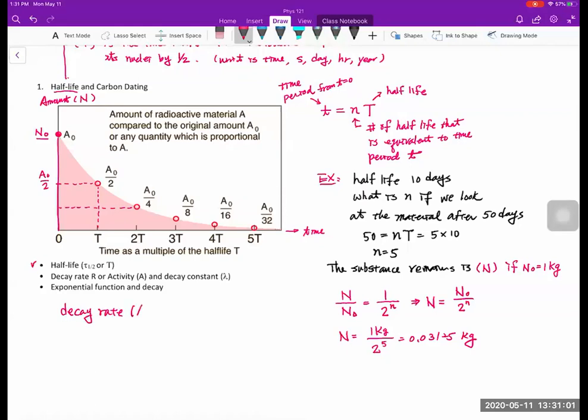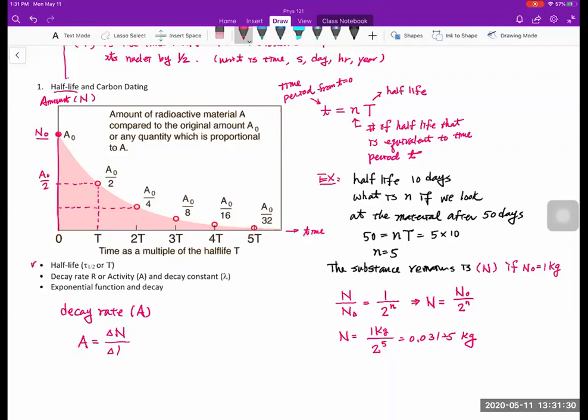The decay rate is the symbol A that I use here. The decay rate is the amount that will be decreasing over a time period. So this change of N represents the change of the amount, the change of the nuclei that you have in this material, over a time.